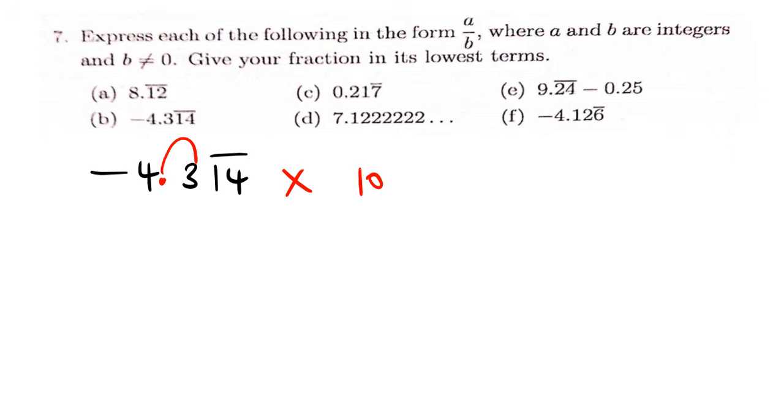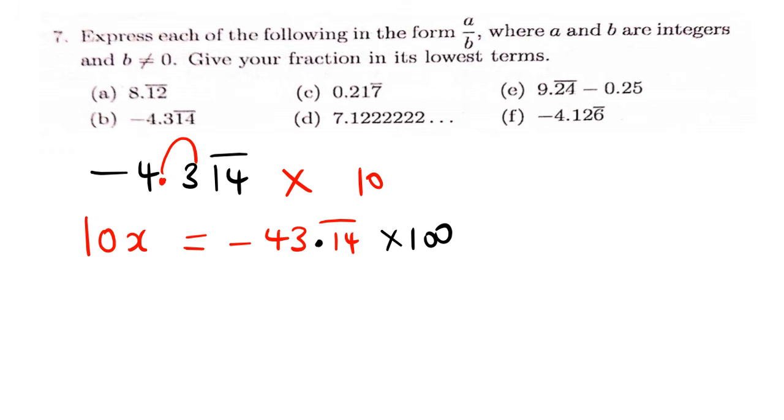So on this side I'm going to have 10x equals negative 43.14 repeating. Then I'm going to multiply again, this time by 100, because the point is very close to the number that is repeating.